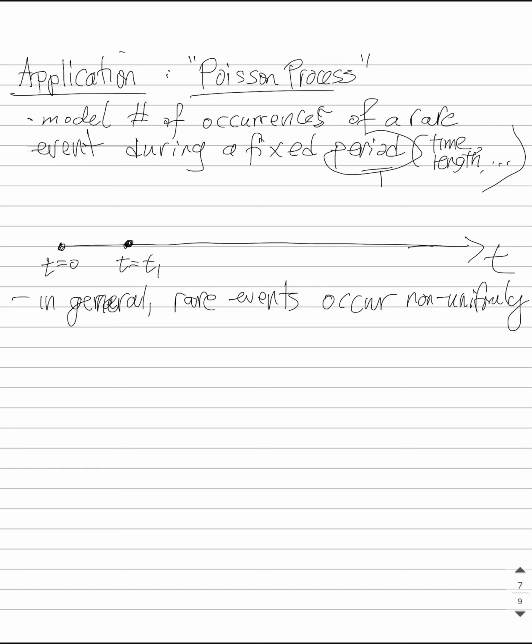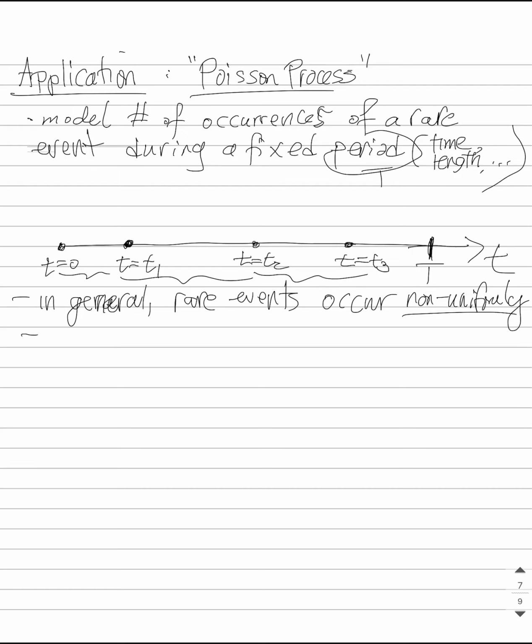So there's the first occurrence of a rare event, and then some longer time elapses before the next one happens, and then some other time happens before the third one, and let's say we are interested in running the clock from there to there. So the spacing between these events in terms of time is not uniform.